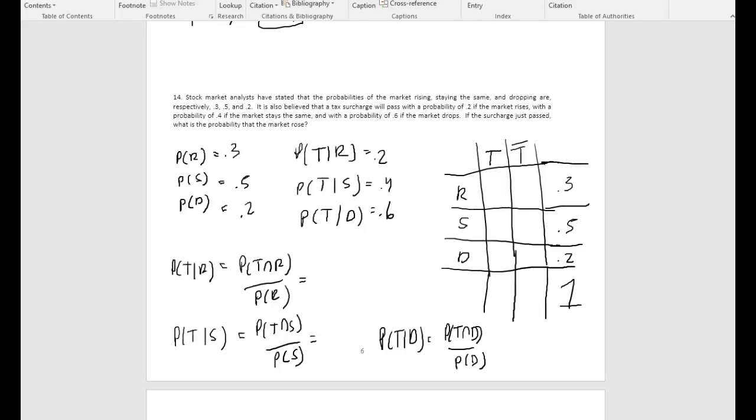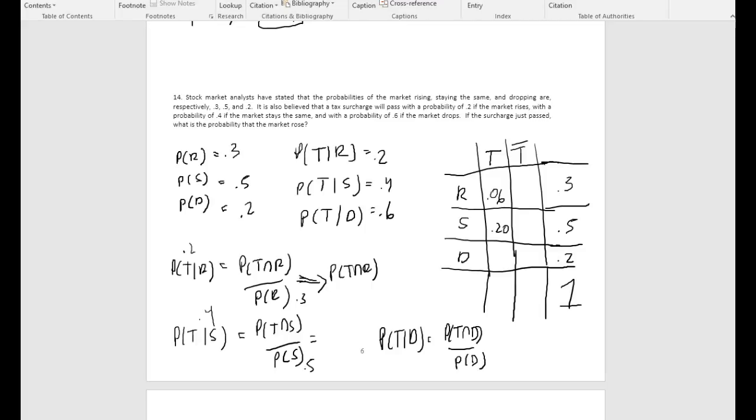So probability of T given R, we know that's 0.2 here. We know the probability of R is 0.3, so we solve for the intersection point. So probability of T and R is 0.2 times 0.3, which is going to be 0.06. And we do similar things for here. T given S, 0.4, probability of S, 0.5. So the intersection of T and S is going to be 0.2.